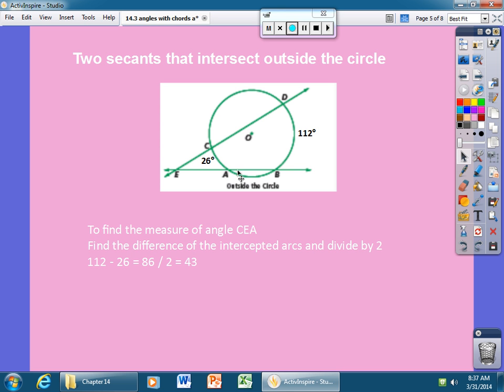Where before we found the mean of the two, now I'm going to subtract the two intercepted arcs and then divide by 2. So I take the 112, subtract the 26, that gives me 86. I divide the 86 by 2, and that gives me that this angle measure out here is 43. So this is the second situation, whenever the two of them intersect outside the circle.